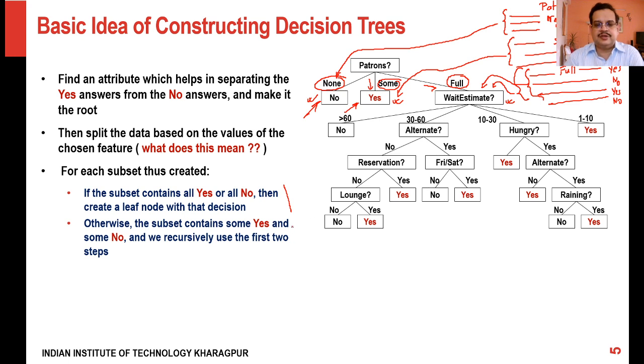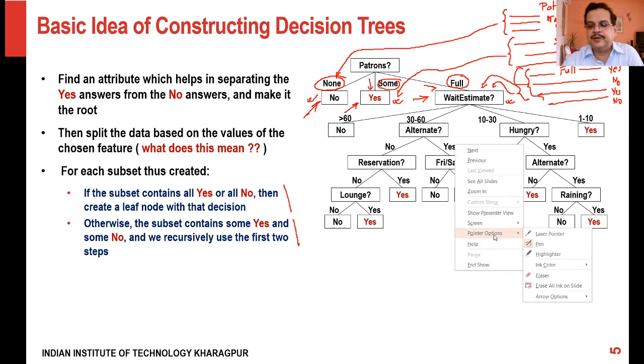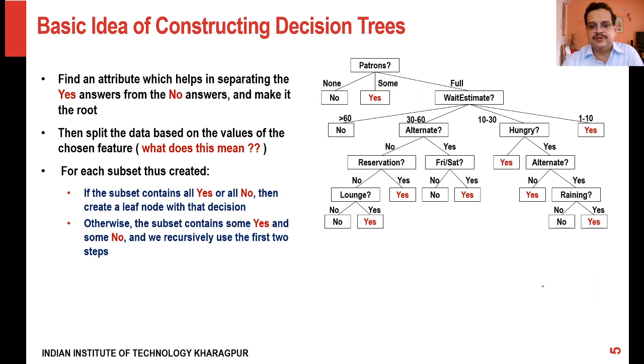But otherwise, if the subset contains some yes and some no, we recursively use the first two steps. That is what we do here for the wait estimate. Okay, so that's the idea of creating a decision tree.